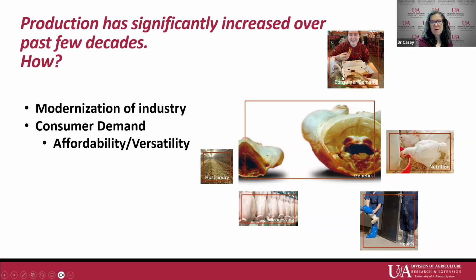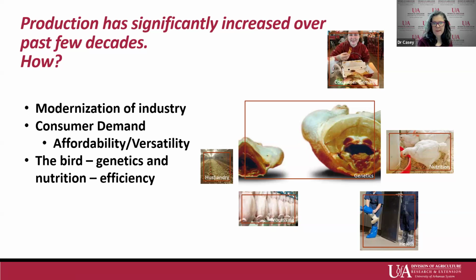So it's versatile. You can produce it into a hot dog top form or a whole form or a deli loaf or whatever. It's also very affordable, and that's really across the world. That's the big reason that consumption has increased globally and why we're the number one meat. The bird has changed over the years.